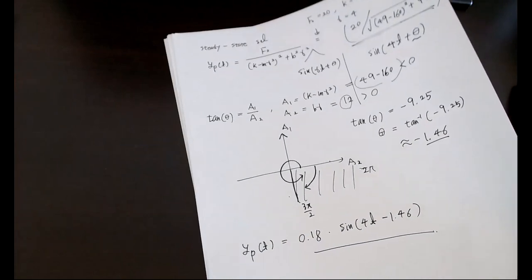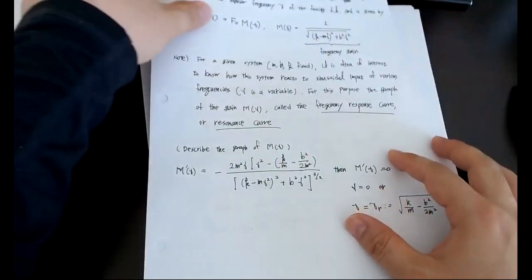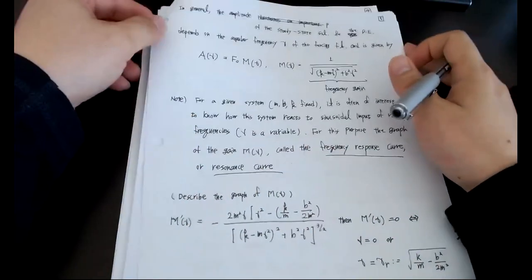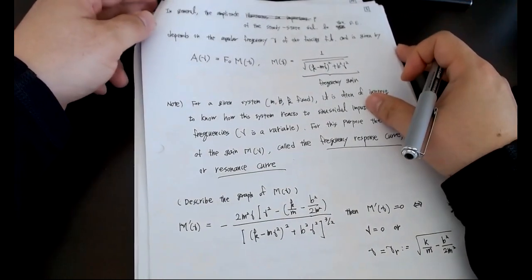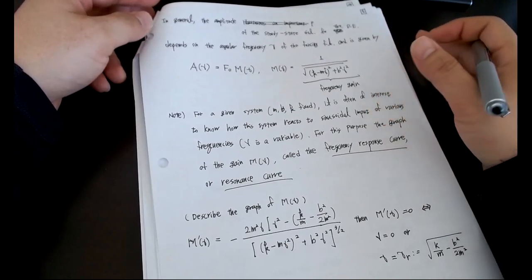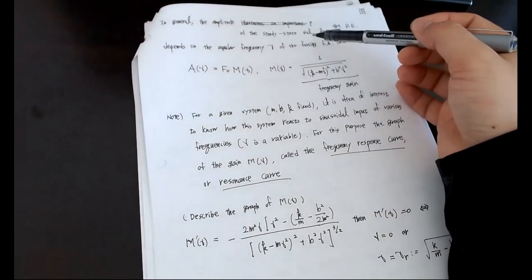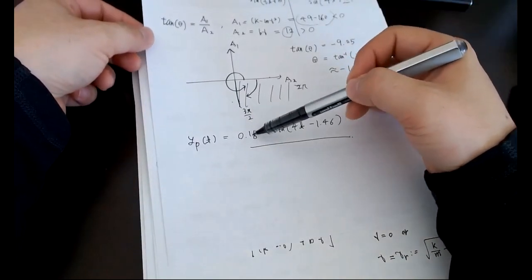So this is example 1. Back to here. As you can see, in this example, what's the amplitude of the steady-state solution? 0.18.